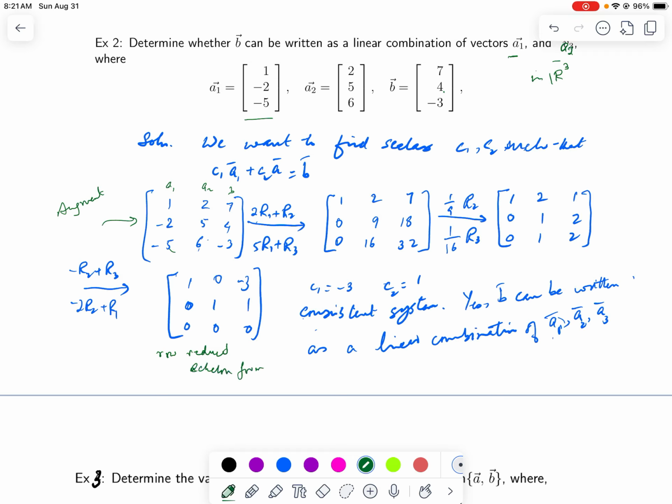So what I get from here is that C1 is equal to -3 and C2 is equal to 1. What does that mean? The system is consistent. So yes, B can be written as a linear combination of A1 and A2. Not A1, A2, A3, but A1 and A2.